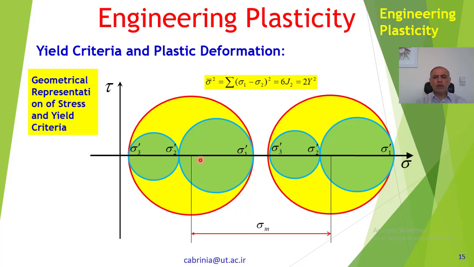This Mohr circle was here, the hydrostatic stress was this. Now we have moved it from that point to there, so we have increased the hydrostatic stress, but the Mohr circle sizes remain the same. That's why we say that yielding is not affected by the hydrostatic stress, because the Mohr circle does not grow. It remains the same, only it translates from one point to another point.